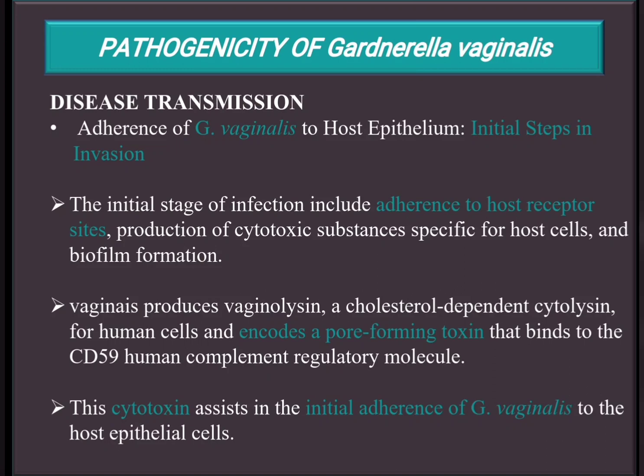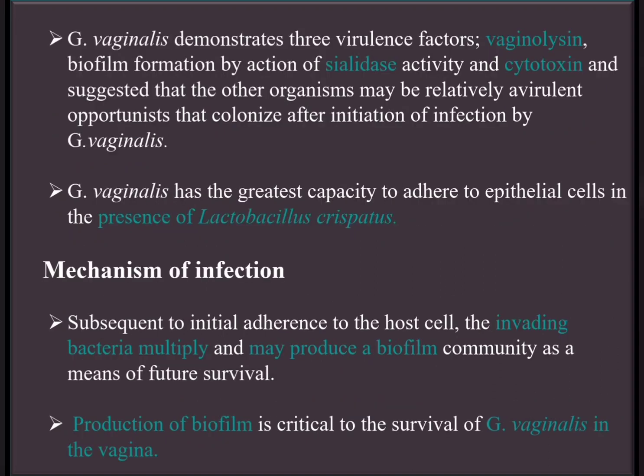Vaginitis produces vaginolysin, a cholesterol-dependent cytolysin for human cells, and encodes a pore-forming toxin that binds to the CD59 human complement regulatory molecule. This cytotoxin assists in the initial adherence of G. vaginalis to the host epithelial cells.